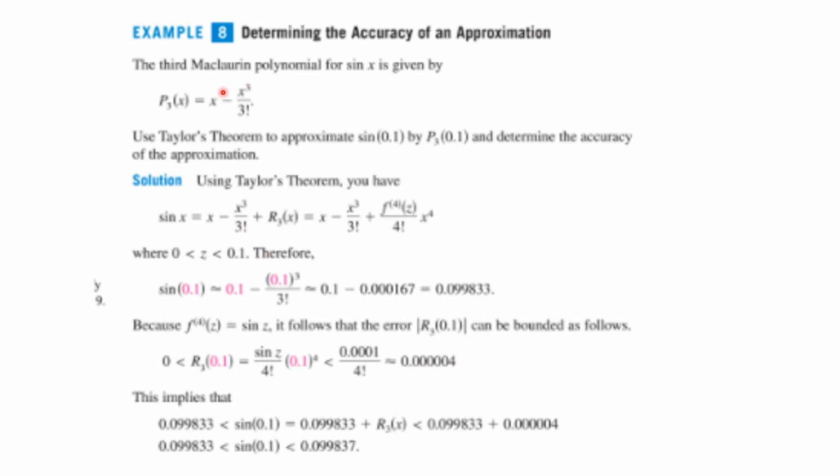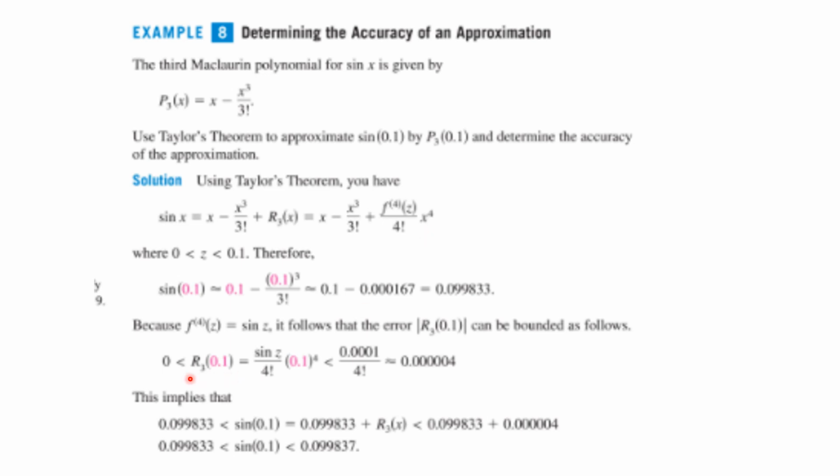And here's an example where we're using the third Taylor polynomial for sine of x, and we're approximating how wrong we can be by stopping there. Here's what we get, and there's R3 because we go up to n equal 3. This is the fourth derivative evaluated at z over 4 factorial, times x to the fourth.